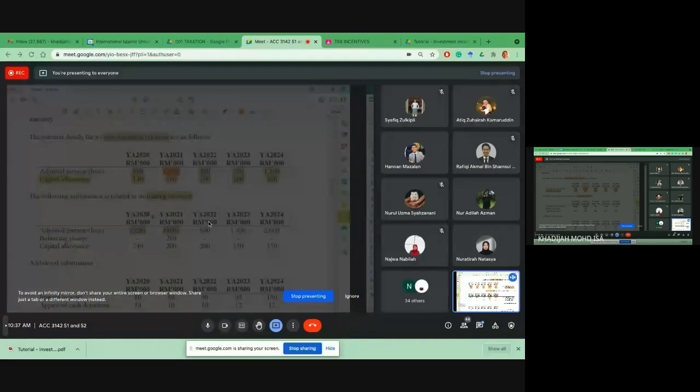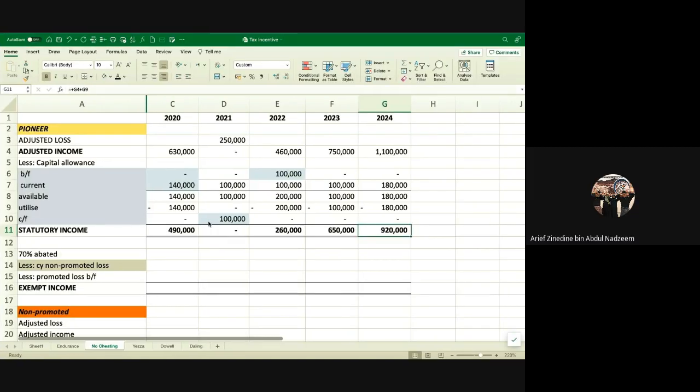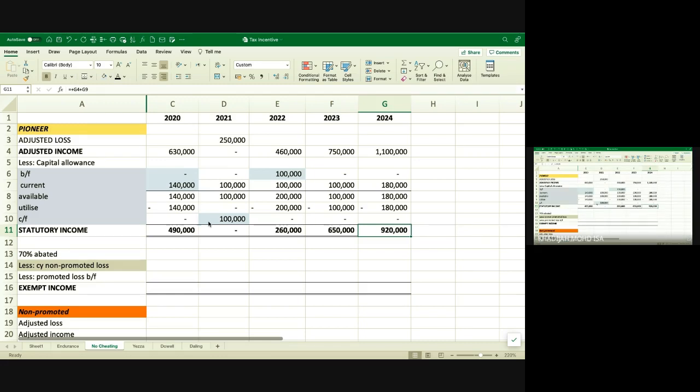Madam, may I ask, for pioneer business, it will benefit the business if they have less CA, right? Yes, of course. Because remember that the pioneer status objective is to maximize your SI so that you can maximize your exempt income. That's why later we see that if the company is highly capital intensive, it means that you incur a lot of capital expenditure, means that you are going to claim a lot of capital allowance.